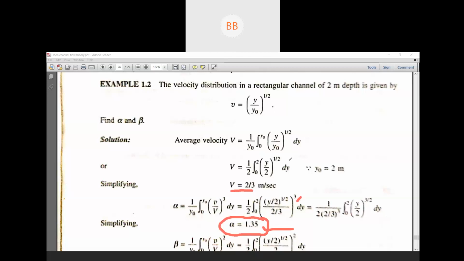So you are getting that value 1.35. If you are getting that value, then we are going to proceed.